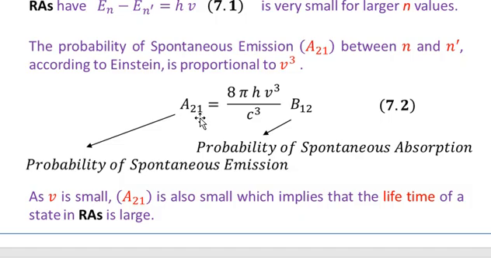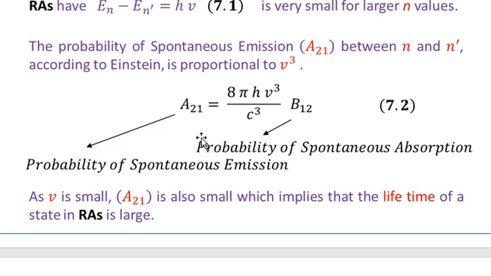A21 is equal to 8 pi h nu to the power 3 divided by c to the power 3, and this term is multiplied on the right hand side by B12, where A21 is the probability of spontaneous emission, because we are decaying from level 2 to level 1.